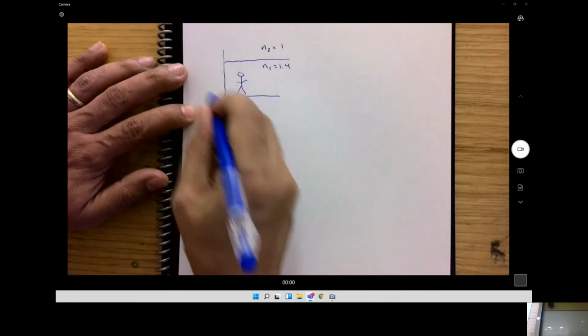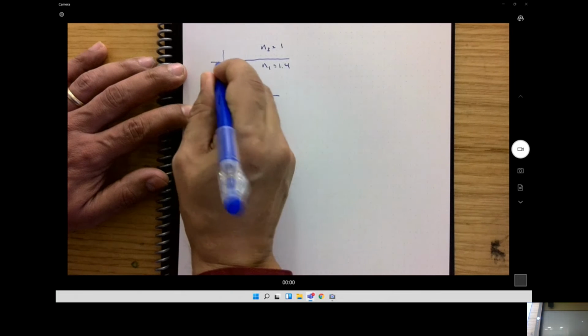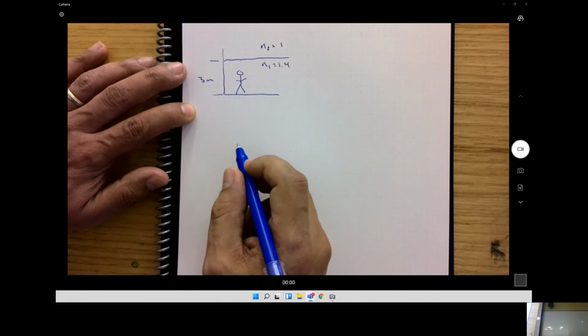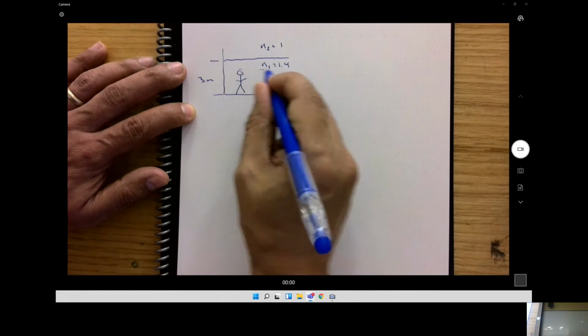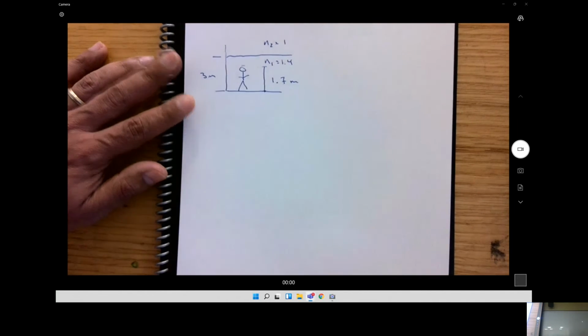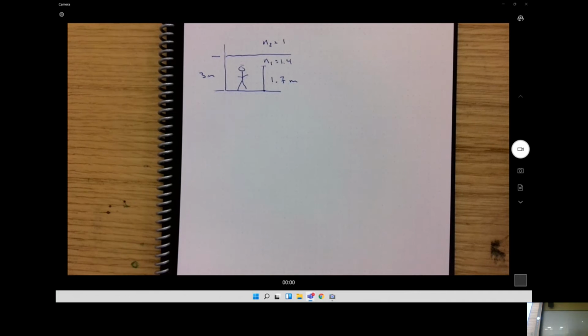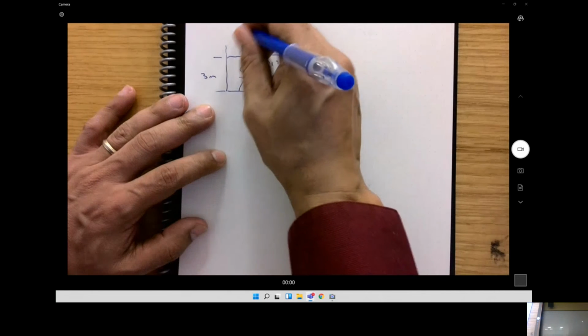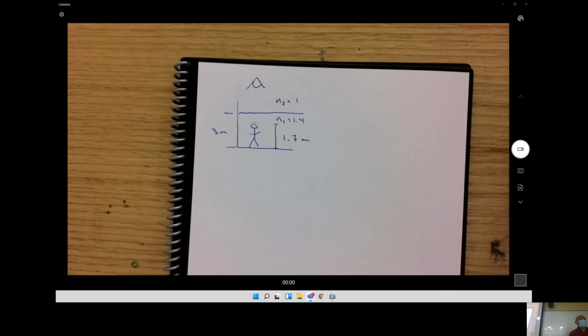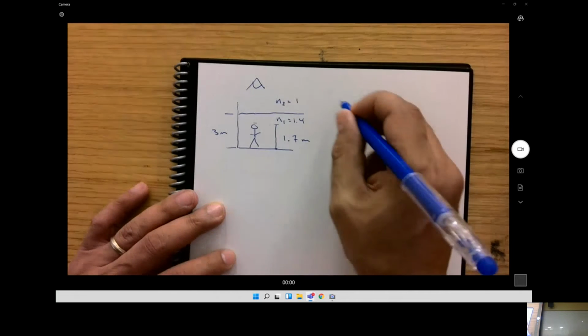The bottom of the pool is 3 meters deep, and this person has a height of 1.7 meters. If you were looking from the top of this pool, I want to know what is the apparent height of this person.